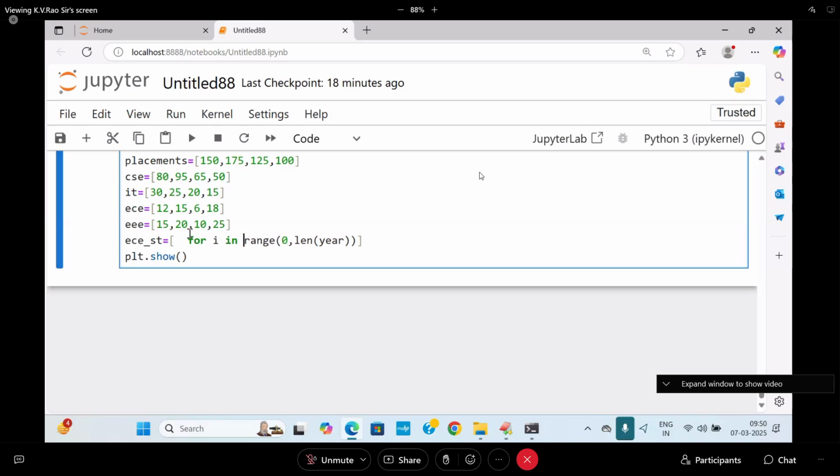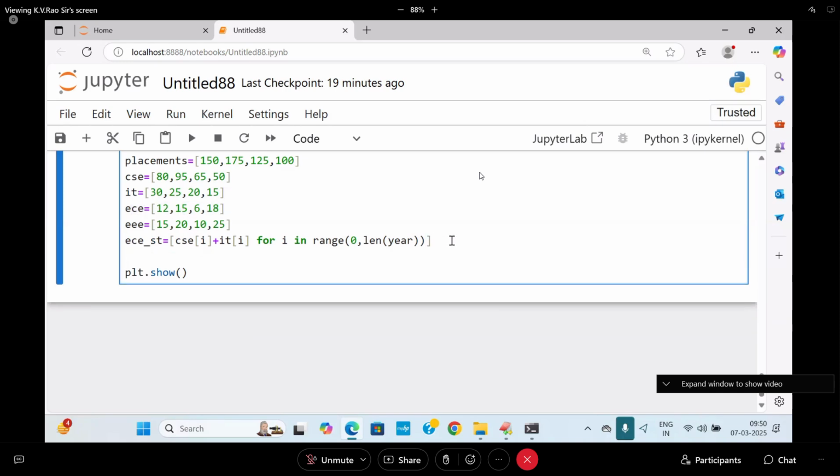Right, like this. I am explaining again, follow me. CSE of i plus IT of i. That is known as ECE start. These are the values I am getting.